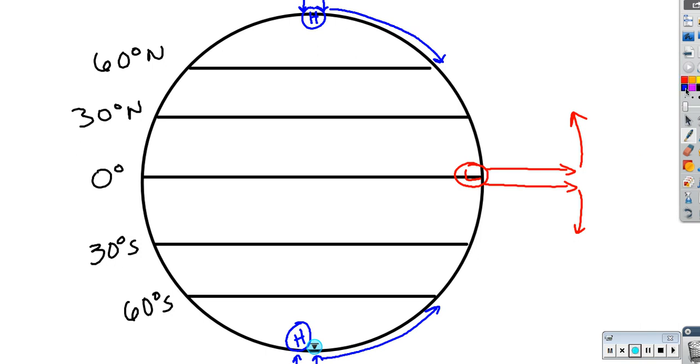And so this cooler, dry air begins to drop at the 30-degree latitudes, north and south. And so we get our second pressure zone on the Earth. The 30-degree north and south latitudes are where you have the subtropical high pressure zones.